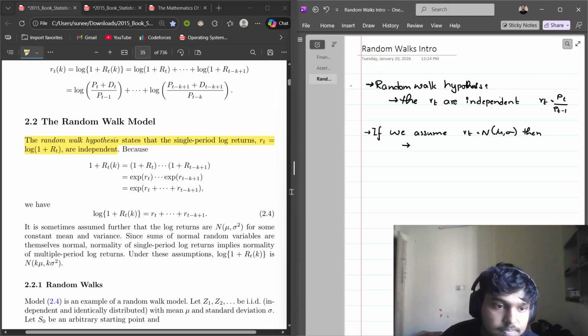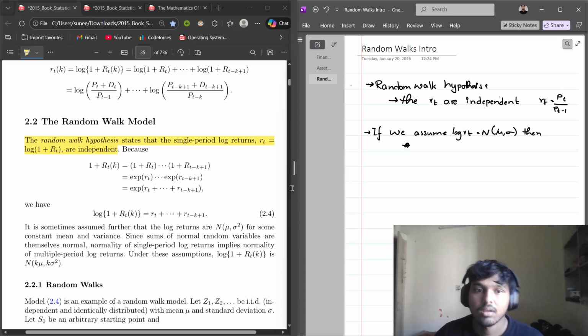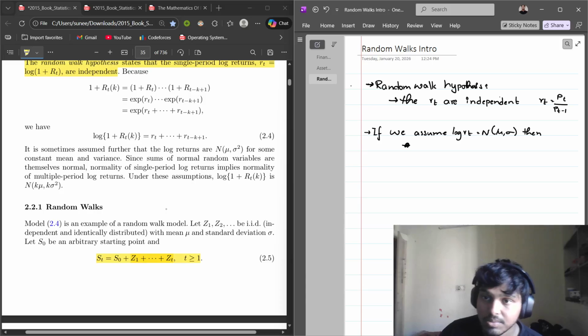This is actually what we assume. We will see why log appears here.